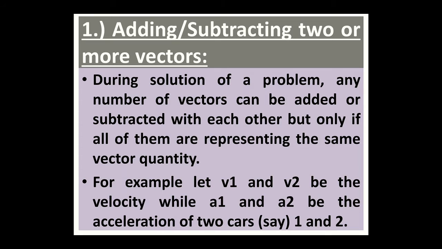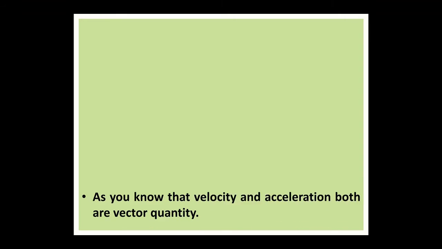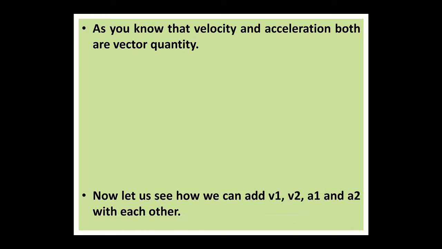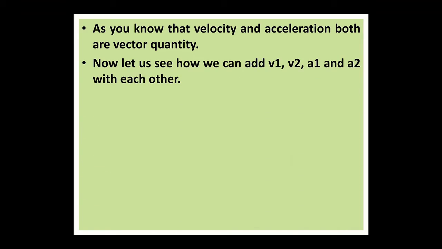For example, let us consider two vectors v1 and v2, which are velocity, and another two vectors a1 and a2, which are representing acceleration of two cars, say car 1 and car 2 respectively. Now, as you know that velocity and acceleration both are vector quantities, let us see how we can add v1, v2, a1 and a2 with each other.